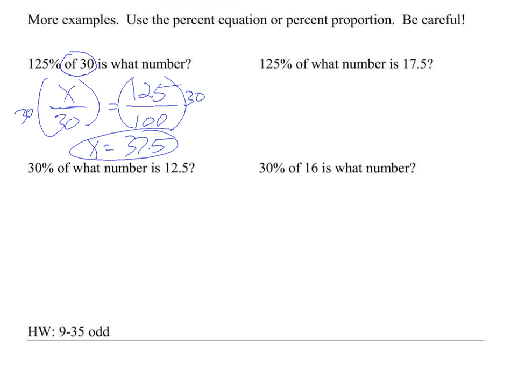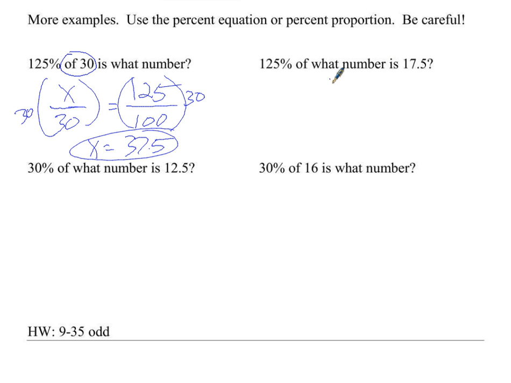All right, as we work through these three problems, I want to ask a few questions. I want you to try to visualize what type of answer you're going to have. So this first one, 125% of what number is 17.5? If I have more than 100% of something, will I wind up with something bigger or something smaller? I'll wind up with something bigger. So I'm going to have some number, and then multiply it by 125% to wind up with 17.5.